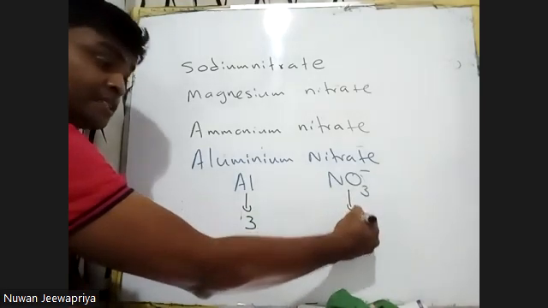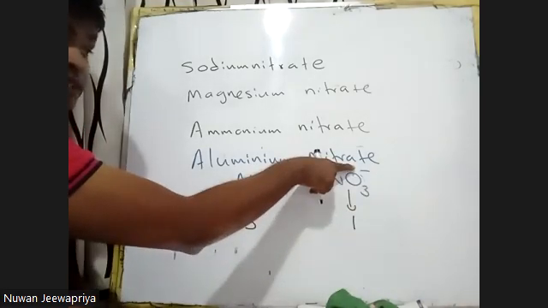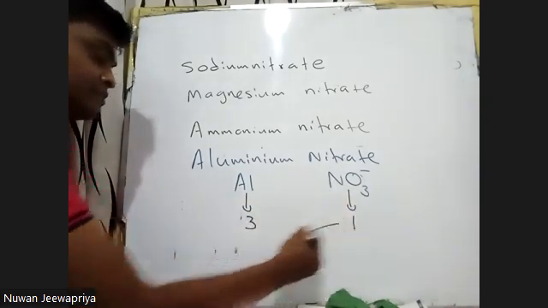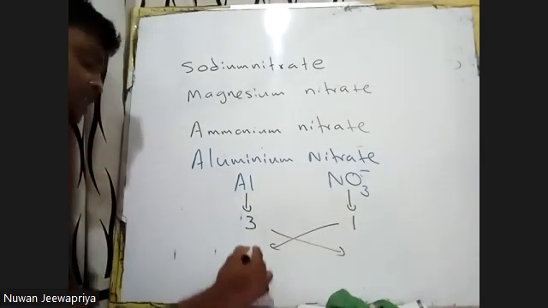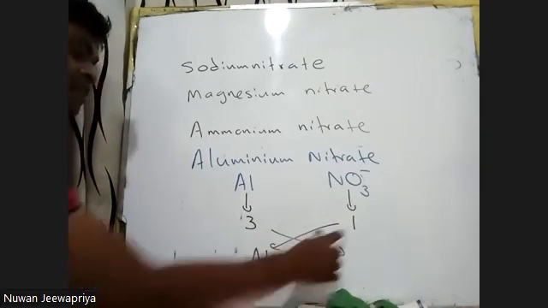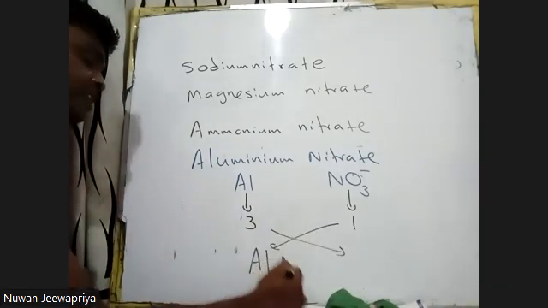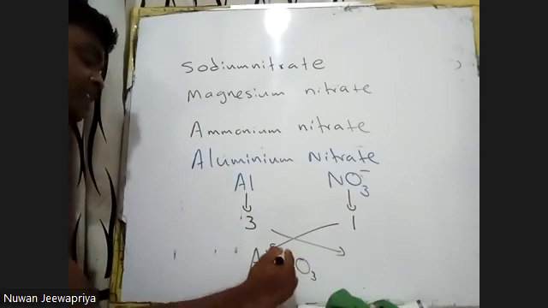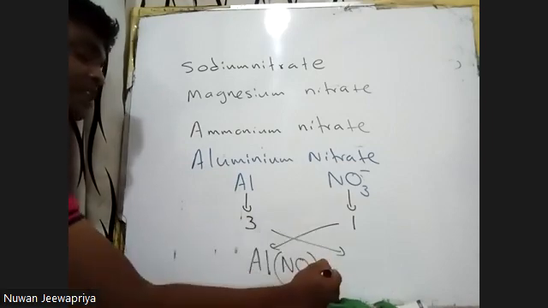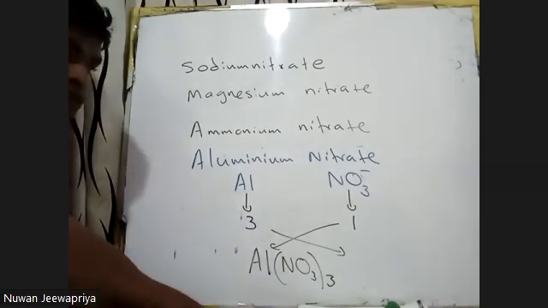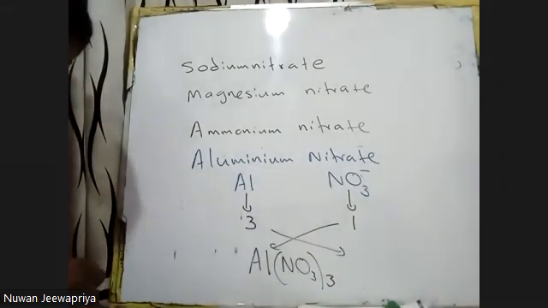Nitrate's valency is 1. Now this charge is the valency. So we interchange. Aluminium gains number 1; we don't write it there. Then nitrate gains number 3. We put a bracket, otherwise it appears like NO32. So that's how we write aluminium nitrate.